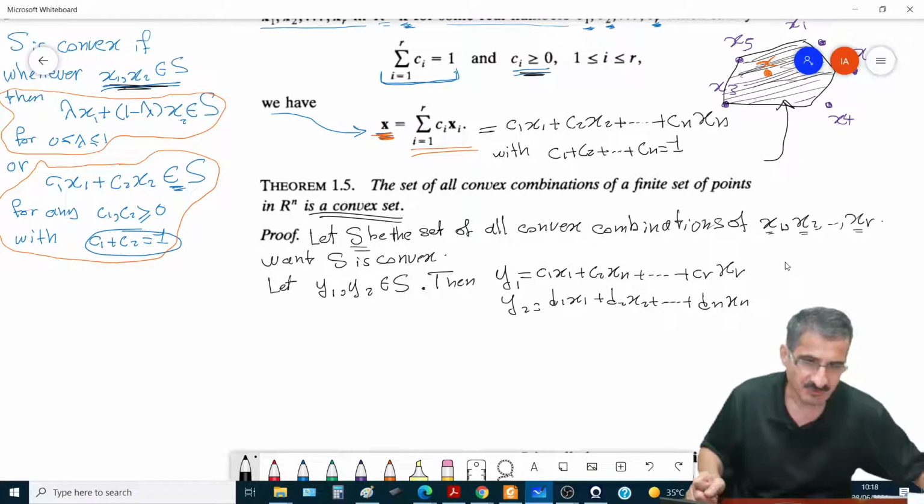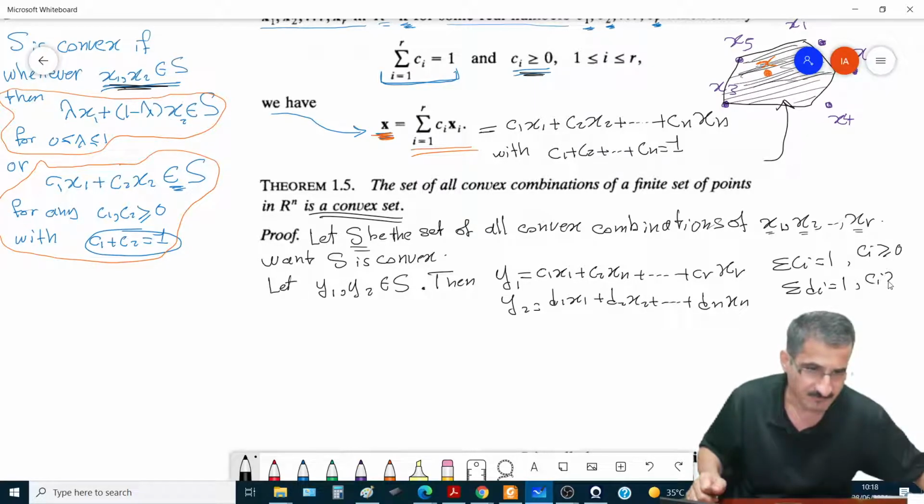Here the summation of the ci equals 1 and the summation of the di equals 1, and each one of them is non-negative.